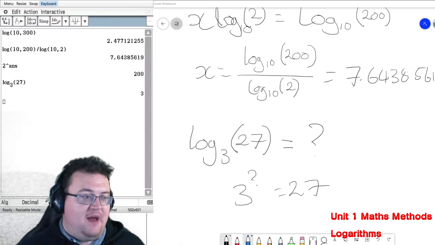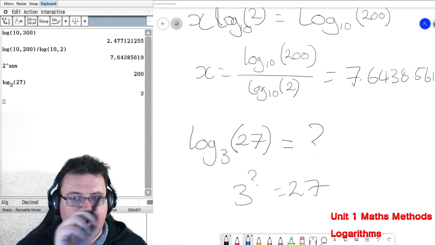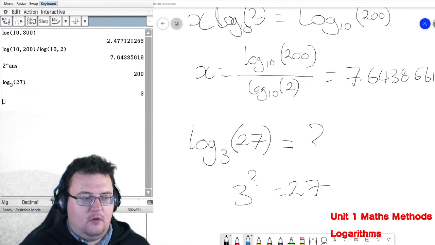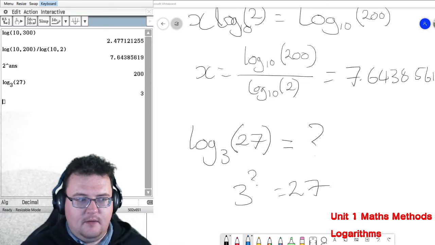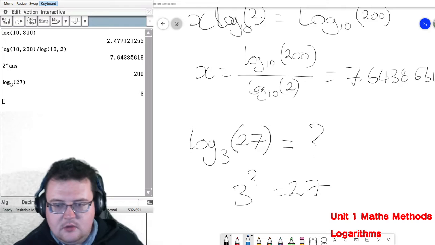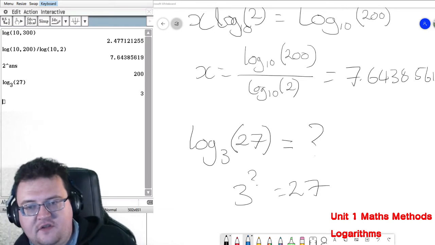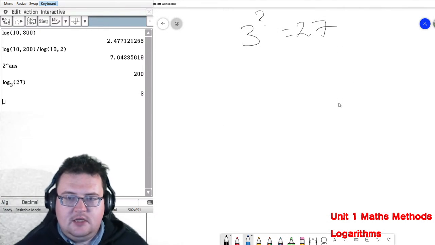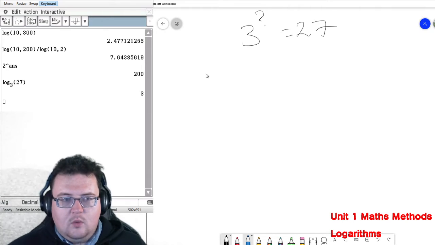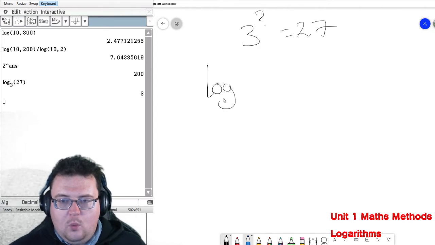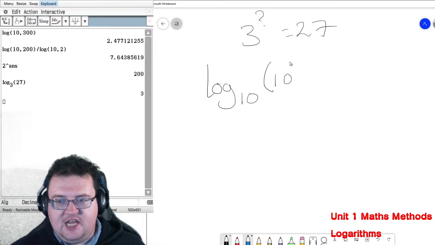So I could actually go back and solve some of the other problems easier. Because one of the things to remember is, what is log 10 of 10?